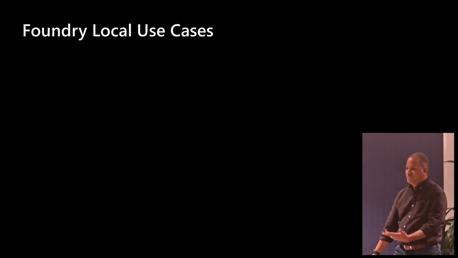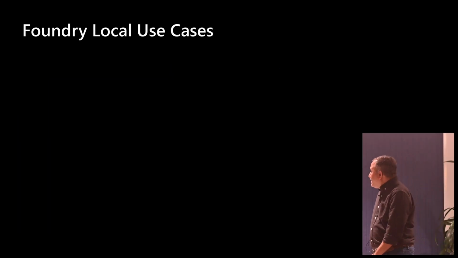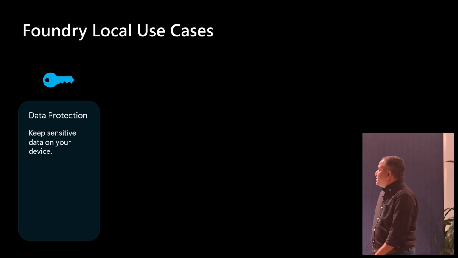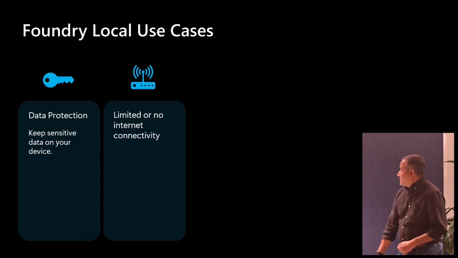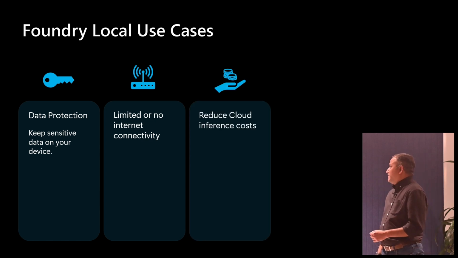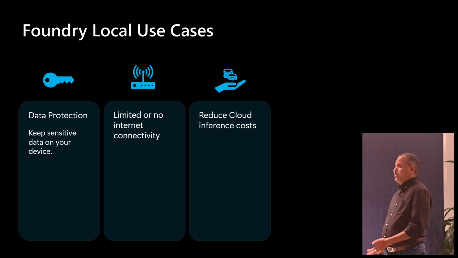Some of the use cases are data protection, if you don't want data to go outside of your machine, or where there is limited or no internet connectivity. Again, in those situations you can use Foundry Local.